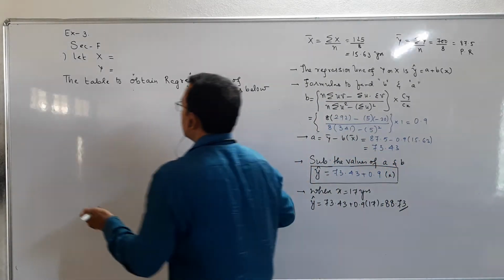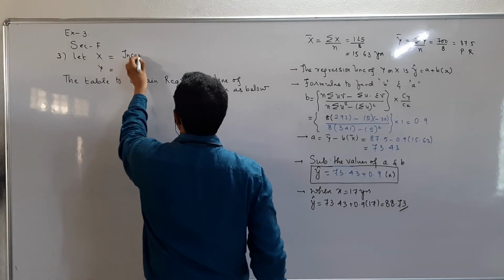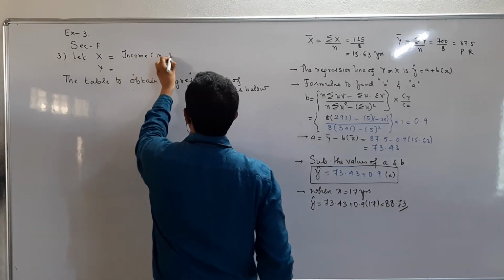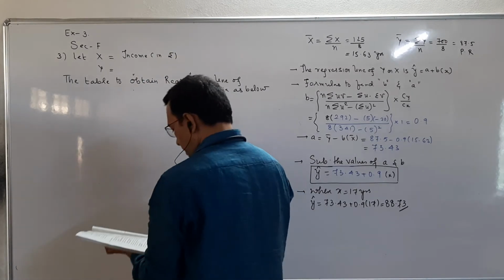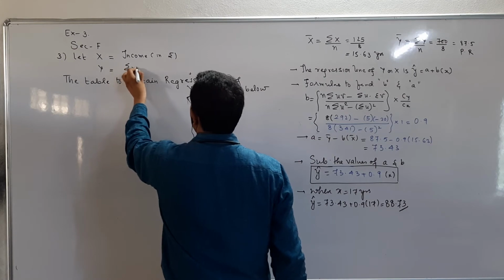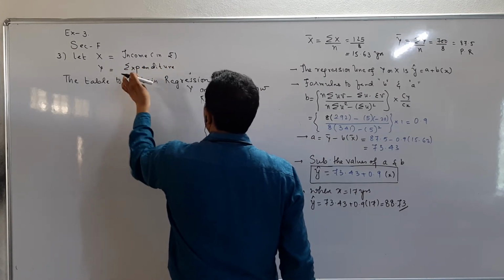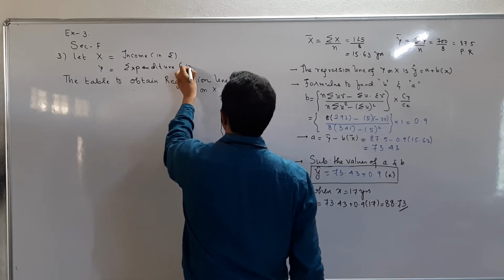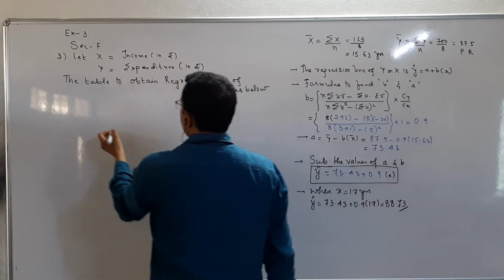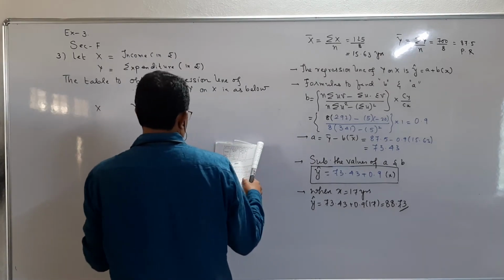So let us start. X is equal to income in rupees and y is expenditure in rupees. Now let us note down the values of x and y.